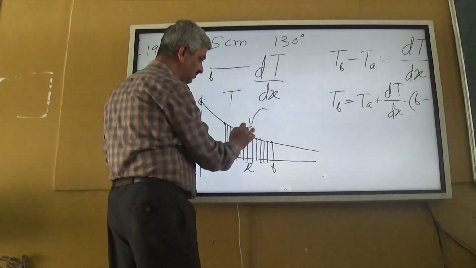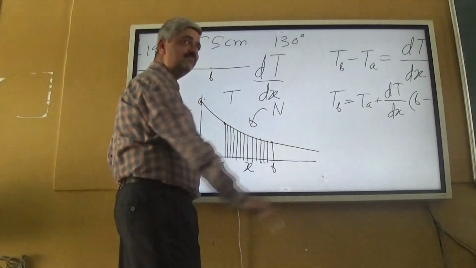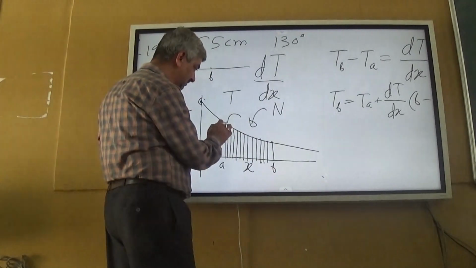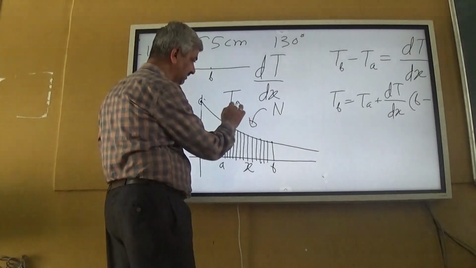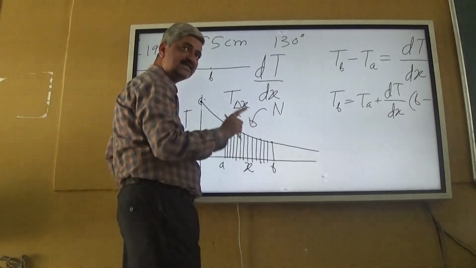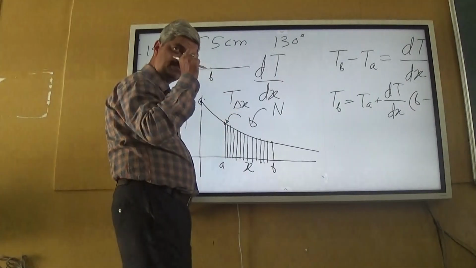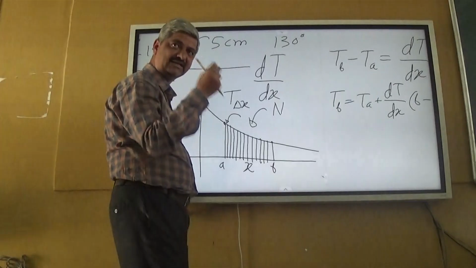Divide this into a large number of strips, total number n, and this is delta x of a large number of strips of substantially small dimension delta x.